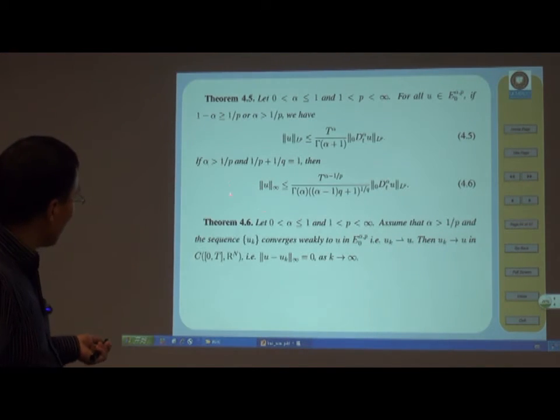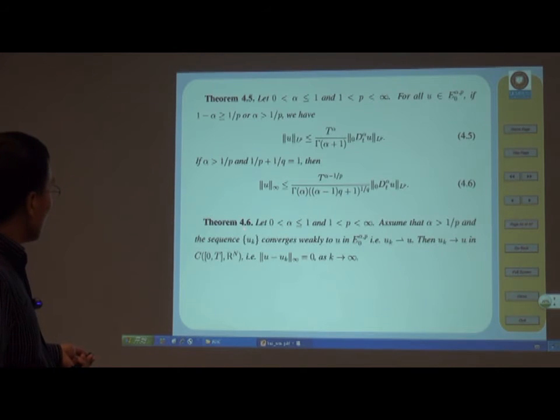Under 4.6, if alpha satisfies this condition and u_k converges weakly to u, then u_k converges strongly to u.